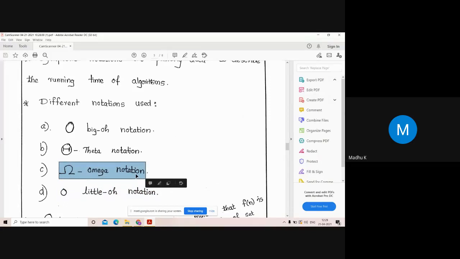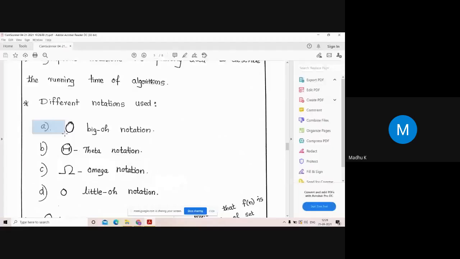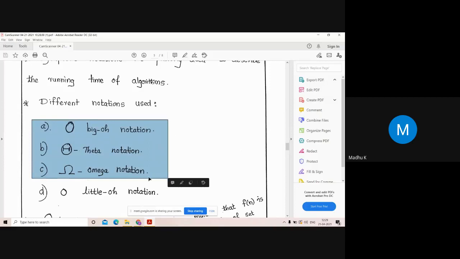And there is an alternative, which is small omega notation. Little omega notation is also there. We will commonly use these three: big O, theta, and omega notation.